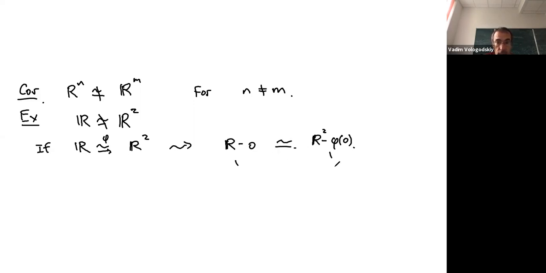So if you have a homeomorphism, then it would induce a homeomorphism. You just pick a point, p, look at its image. So you take, for example, R minus 0, and it would be homeomorphic to R2 minus phi of 0. And you know that this is connected.